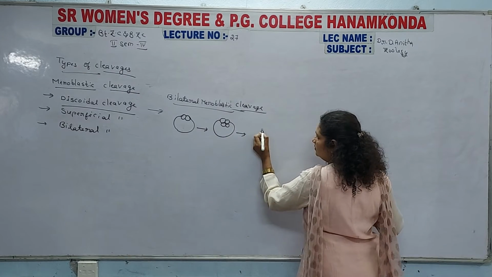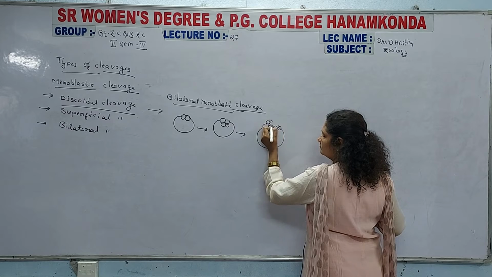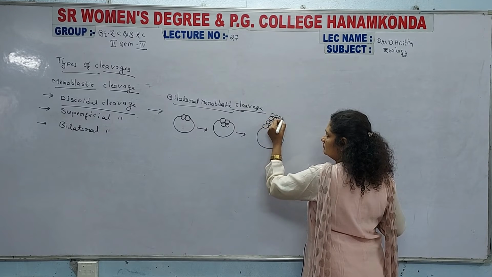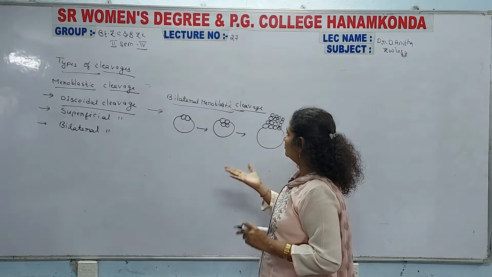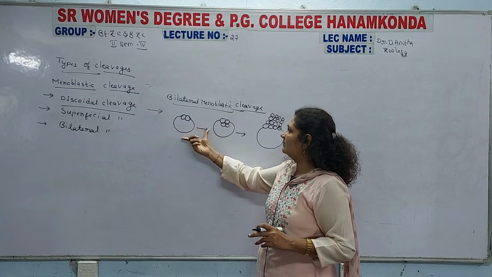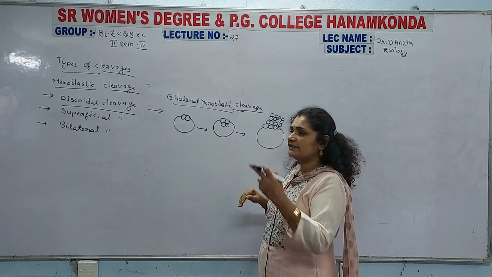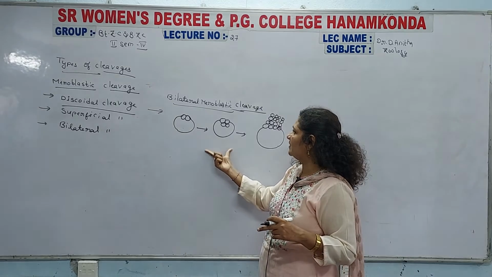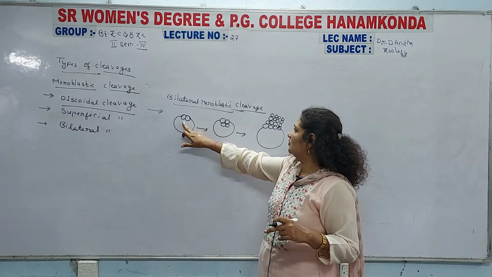Only some part of the zygote undergoes the cleavages in meroblastic and bilateral. In holoblastic, the entire egg zygote participates in the cleavage, but here only some part participates, only the surface region where the nucleus is present.